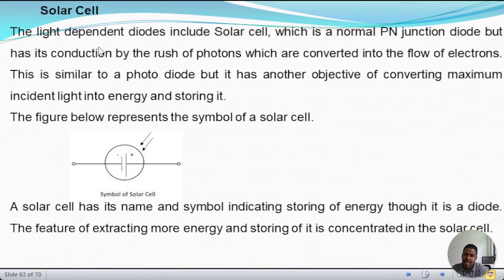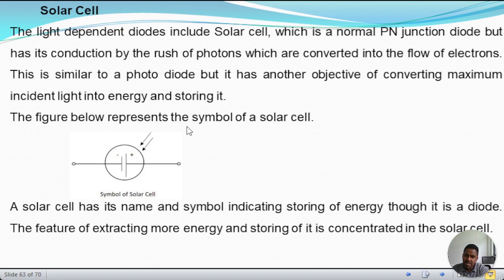The solar cell is a light-dependent diode, which is a normal p-n junction diode, but has its conduction by the rush of photons, which are converted into the flow of electrons. This is similar to a photodiode, but it has another objective of converting maximum incident light into energy and storing it.